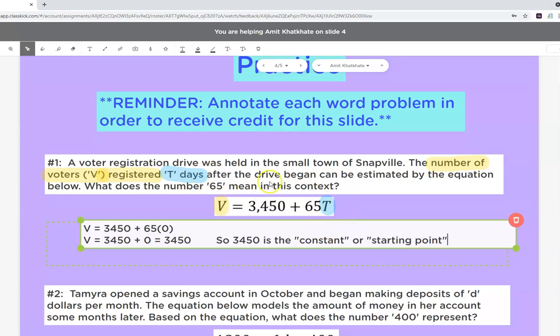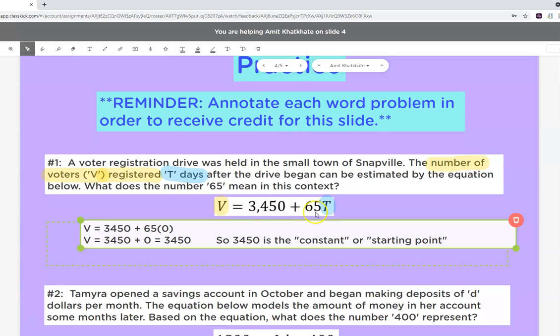So when we're trying to figure out what the 65 is, which is what the question is asking, what we want to do is see what's going to be per that variable. The coefficient in front of the variable is always going to have the word per or each in it.